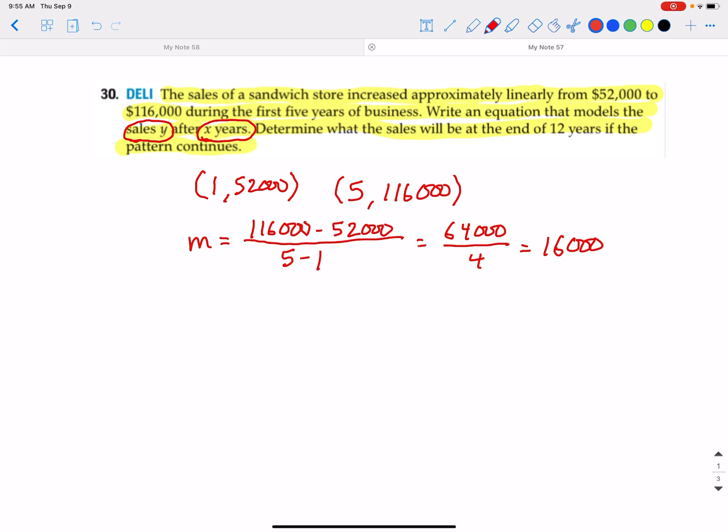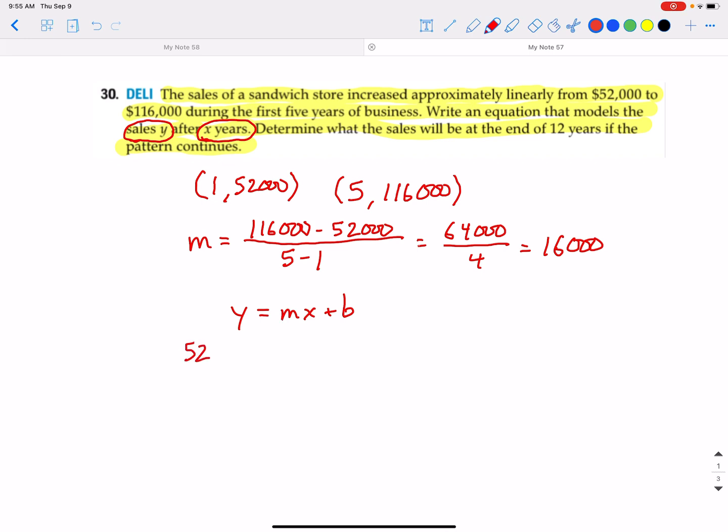So now that we know the slope, we need to find the y-intercept. So we go to y equals mx plus b. We replace the y with one of the y values of the two ordered pairs that we know. And I'm going to use the smaller numbers because that should be easier to work with.